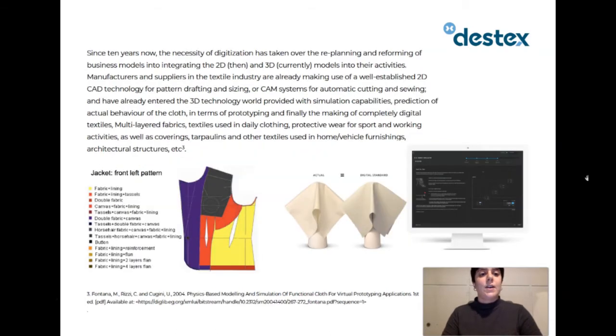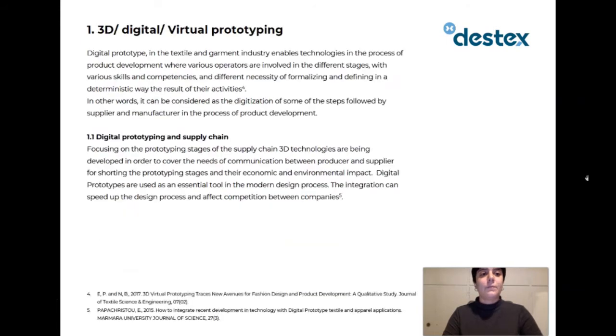For 10 years now, manufacturers and suppliers have been making very good use of their well-established 2D technologies, while the 3D technologies are still in their infancy. However, there are parts in the supply chain of a textile management process, the prototype stages, where digital prototyping can take the place of the original ones.